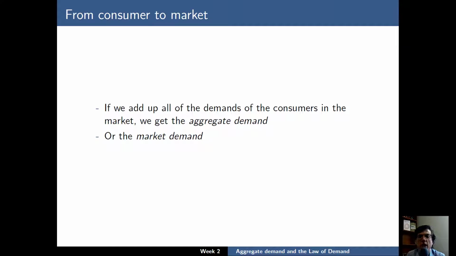That would be the demand of all the consumers, and however we're defining the market. Sometimes it'll be a town, sometimes a country, sometimes a state or a province, whatever the boundaries are. If we get together all the individual demands, or if we estimate all the individual demands, we'll get to the aggregate demand or the market demand.